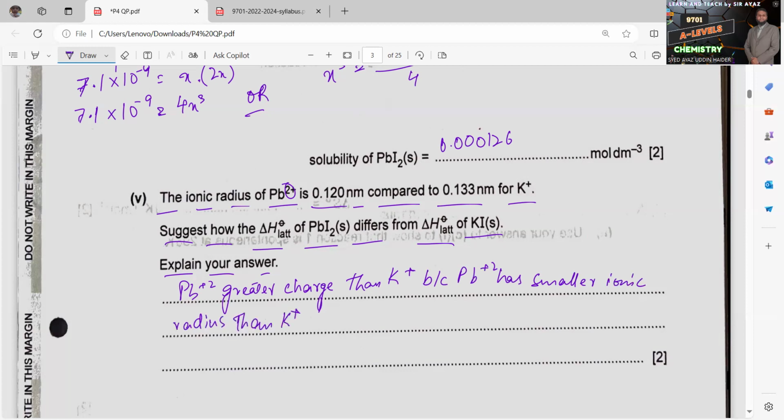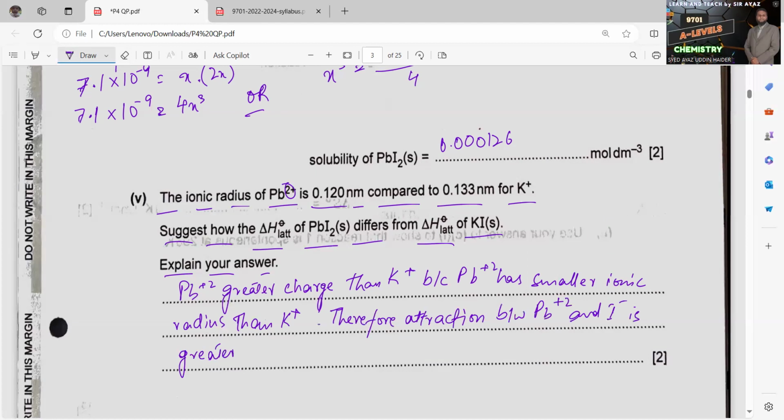Therefore, attraction between Pb2+ and I- is greater.